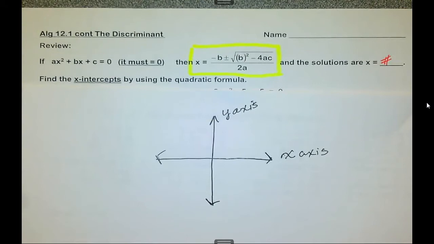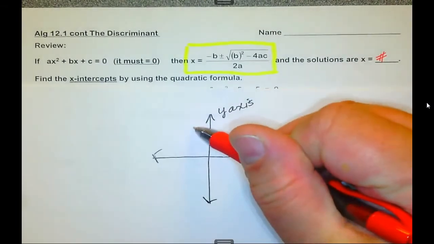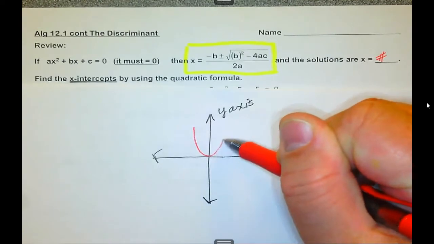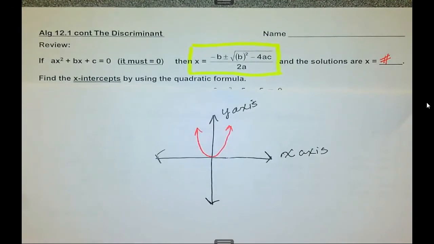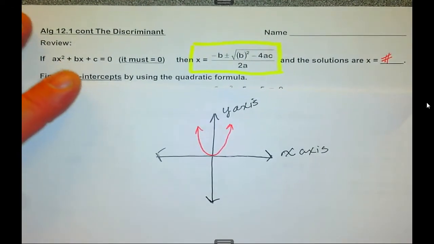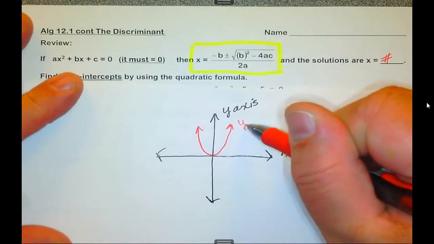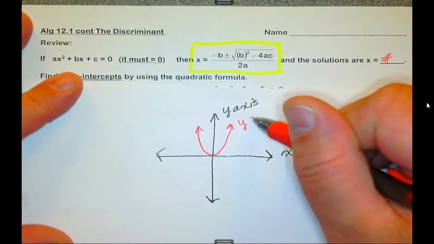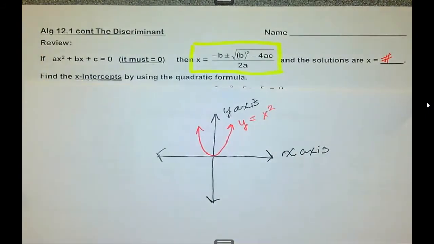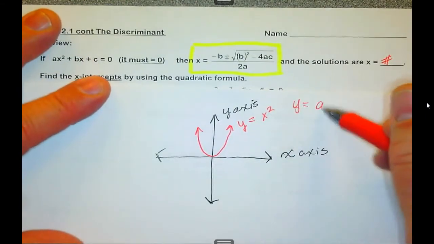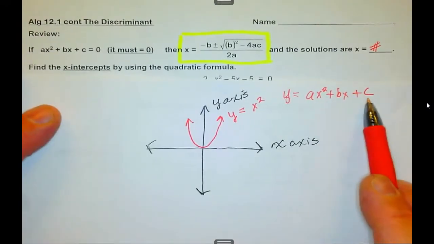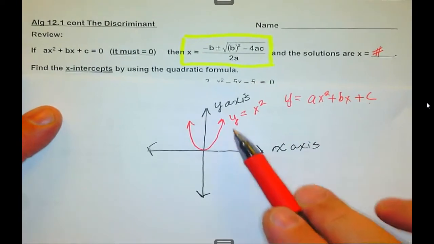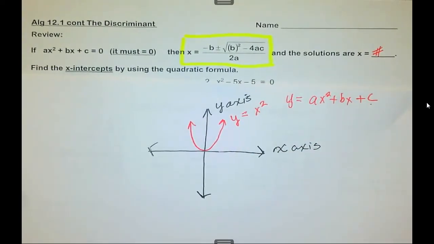What's a parabola? What's the shape? A U. In fact, my parent function looks like this, right? Okay, cool. y equals x squared. That's my parent function equation. And actually, it's y equals ax squared plus bx plus c. But my c and b are zeros, and my a is 1, so we kind of just simplify it to y equals x squared.